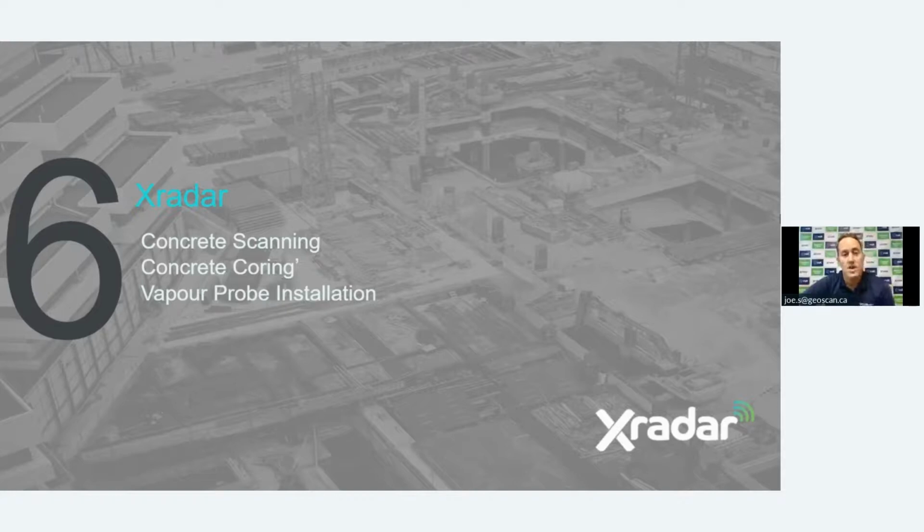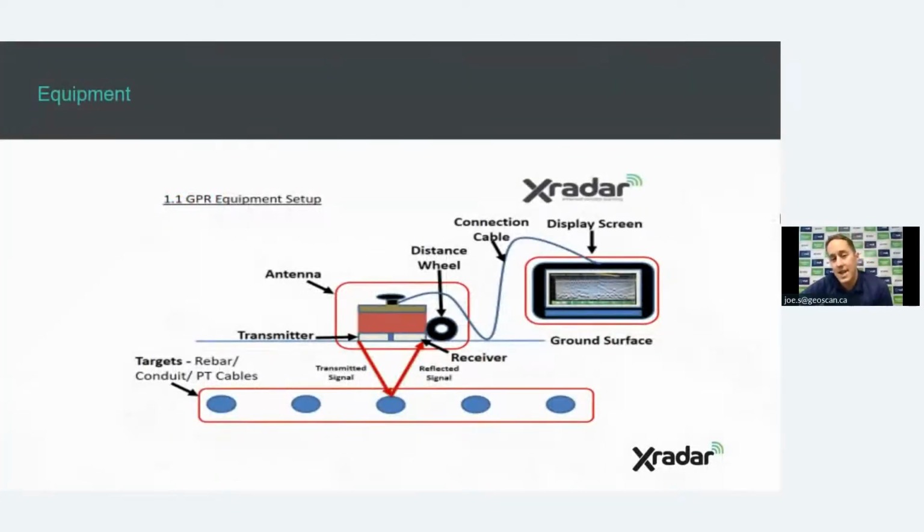Concrete scanning is a different skill. It uses principally the same technology, ground penetrating radar. However, it's a different antenna, and it requires different training from the technician standpoint. So please be aware of that.